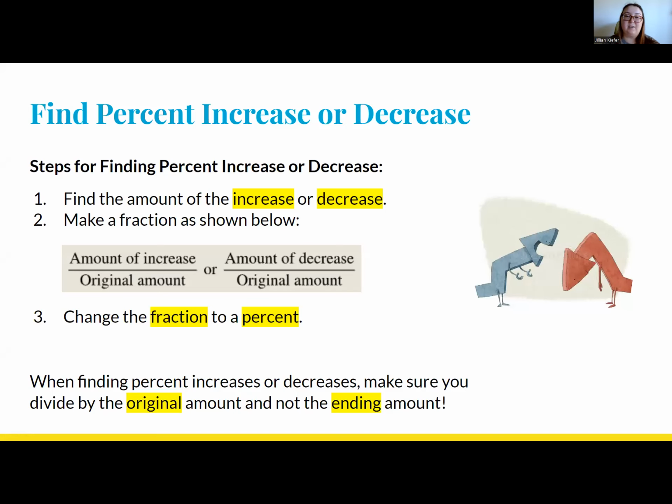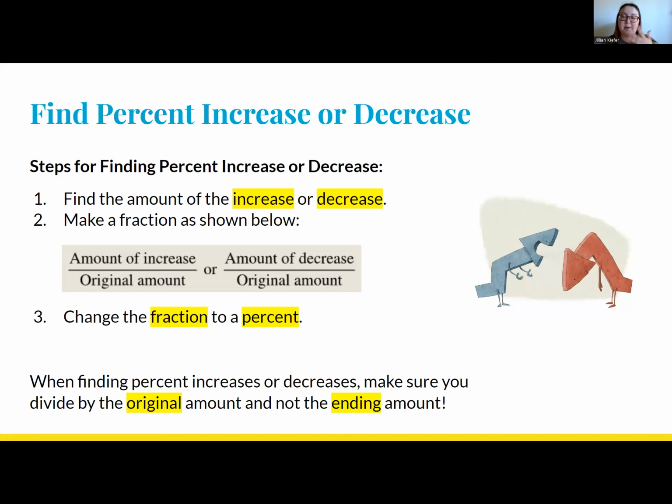So now we can do things like find percent increase or decrease. The steps for finding percent increase or decrease: our first step is to find the amount of increase or decrease. So find out how much it increased or decreased by. Then step 2, make a fraction: you want your amount of increase or decrease divided by the original amount.